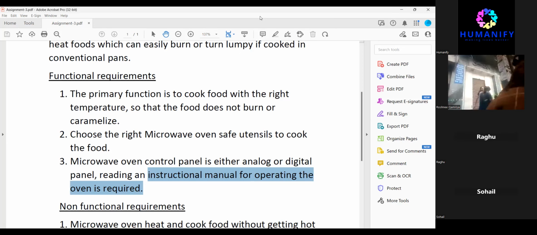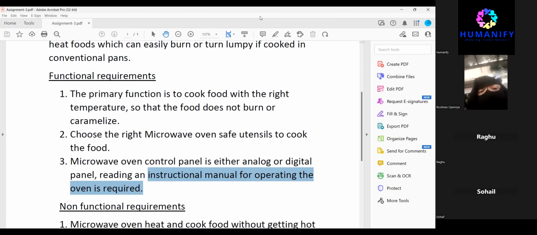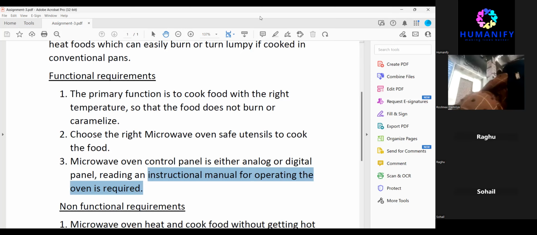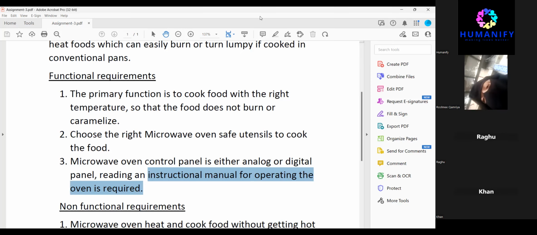You will check whether it is the right mobile phone or right device for us to use, because the maintenance cost is so high. If something goes wrong, should I replace it or should I repair it? What is the cost of repair? What is the cost of maintenance? Do I get the spare parts?